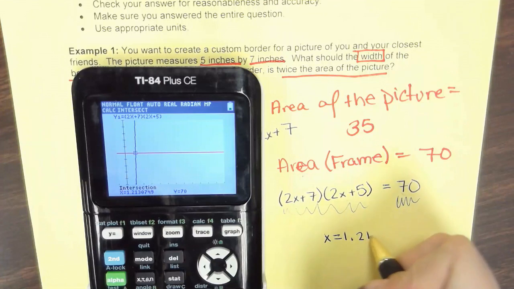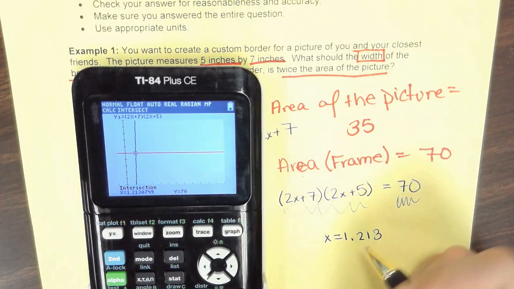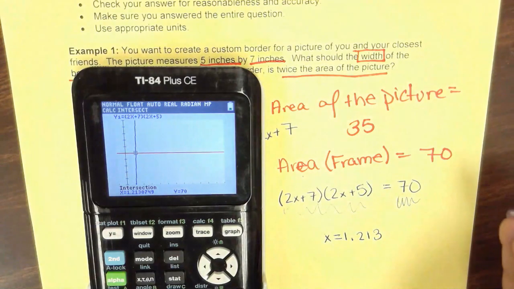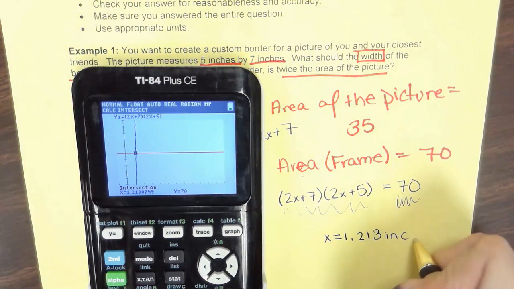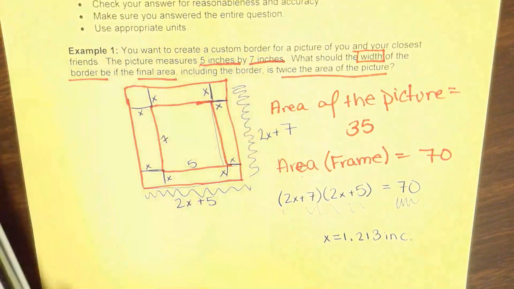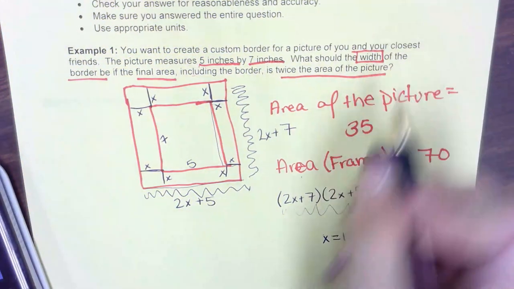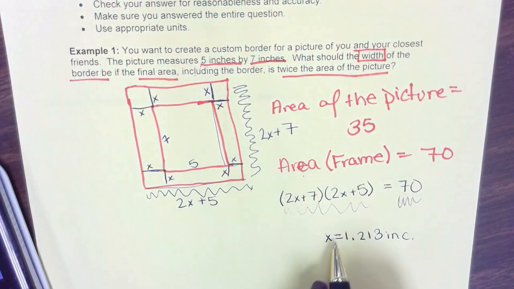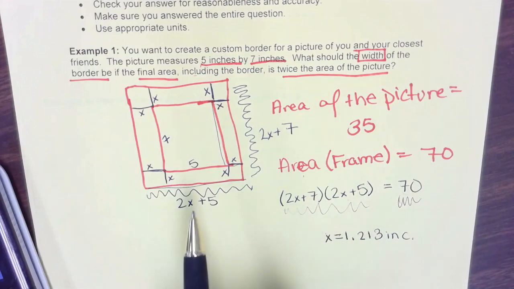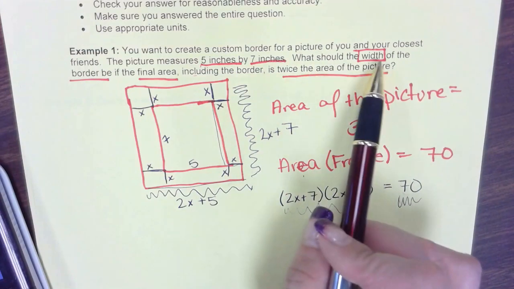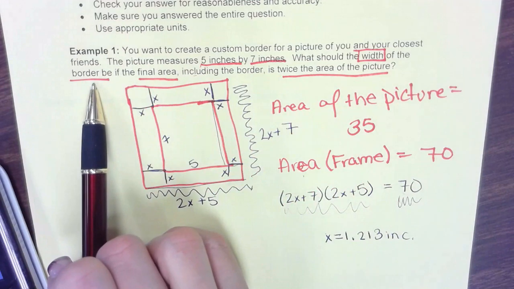And let's go out 3 decimal places. So 1.213 inches. And that would be the width of the border, because that's what we are trying to find. If we wanted the width of the actual picture frame, then we would want to plug it back in. But this would be the width of the border.